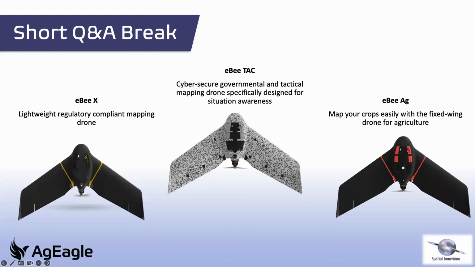And the next question would be, how does Drone2Map differ from eMotion software in post-processing? Okay, so Drone2Map is the desktop software which is used to process the images after collecting the information out in the field, while eMotion software is the drone software which is used to plan the flight and execute the flight while in the field.